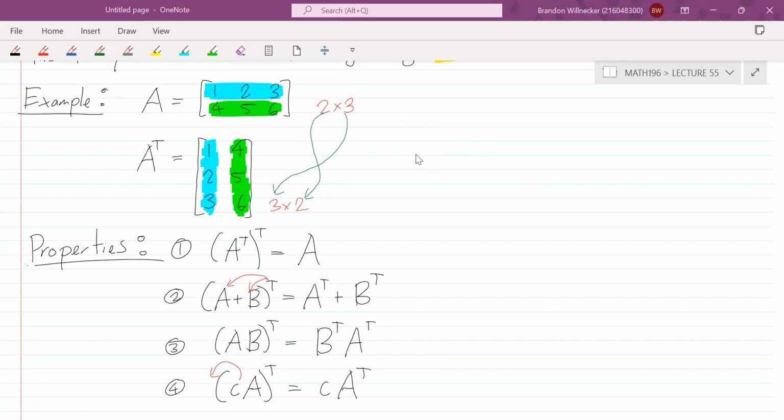Okay, let's look at the next function of matrices, and that is the trace.